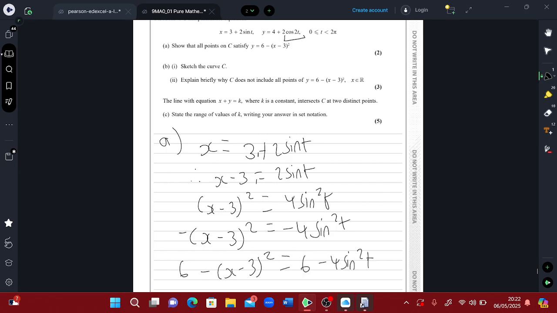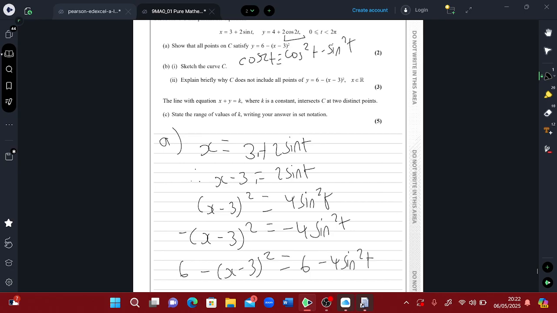Now, if you are a bit stuck, you can work with cos 2t and explore what happens. So cos 2t you should know is cos squared t minus sine squared t. Yeah, double angle.